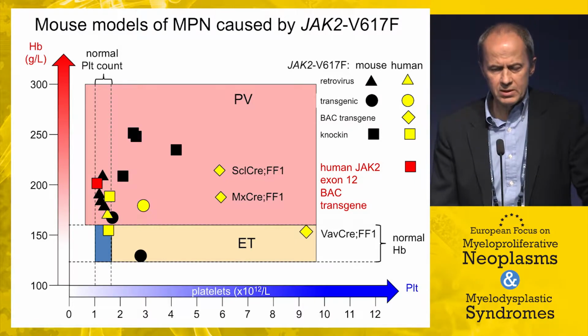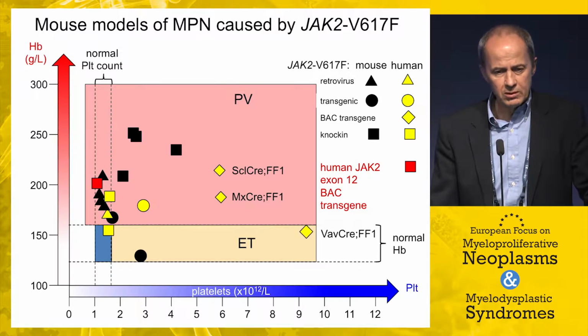So the initial models that were created used retroviruses, and these models almost invariably increased the hematocrit but had normal or even slightly lower platelet numbers.